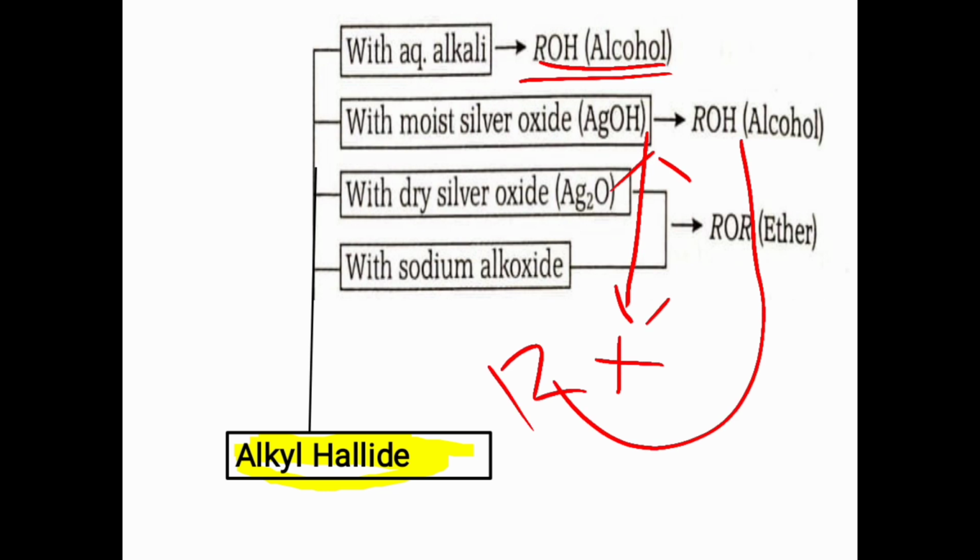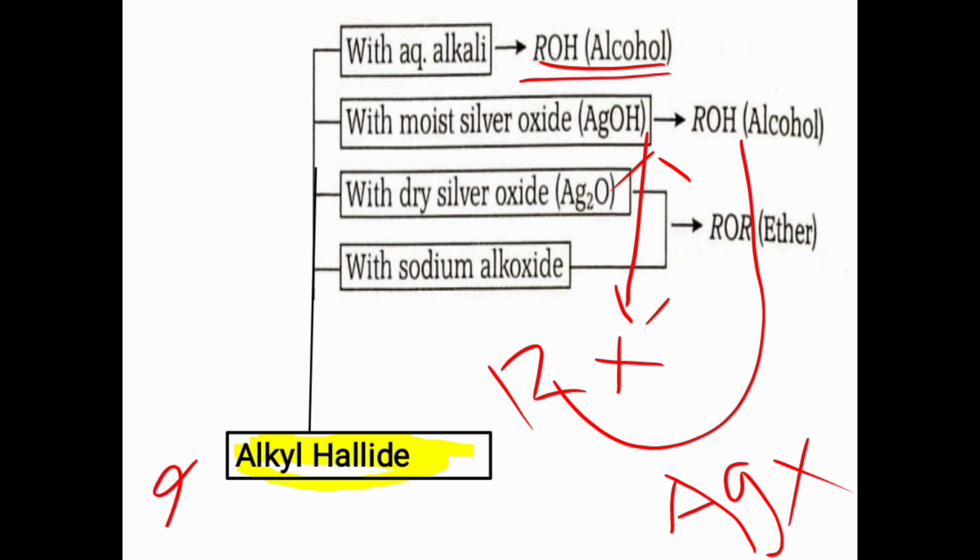The product formed is ROH, and the byproduct is AgX, silver halide. And when it reacts with dry silver oxide, that is Ag2O, ether is formed.